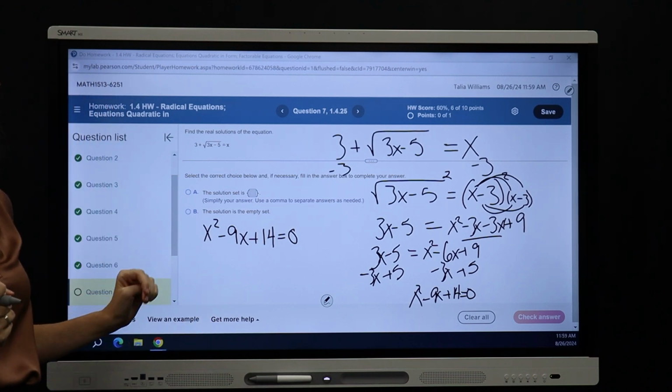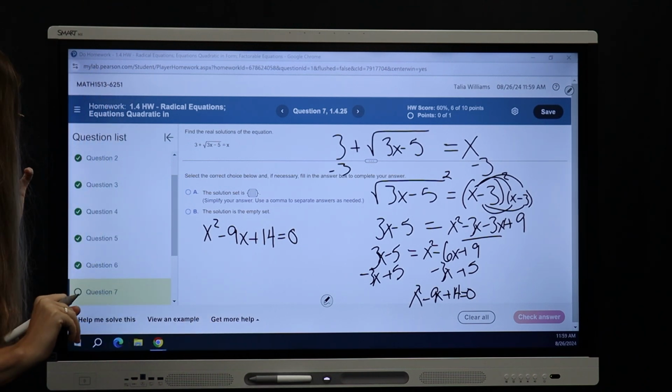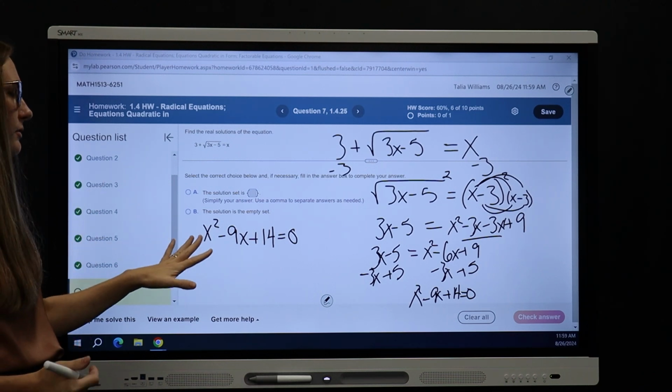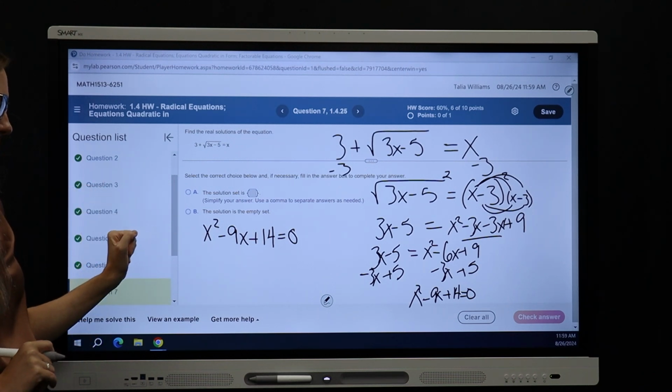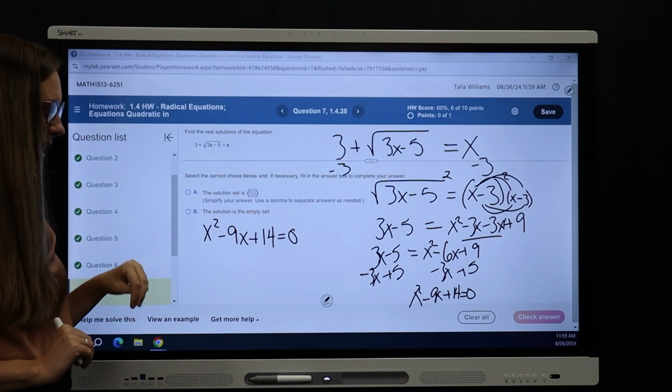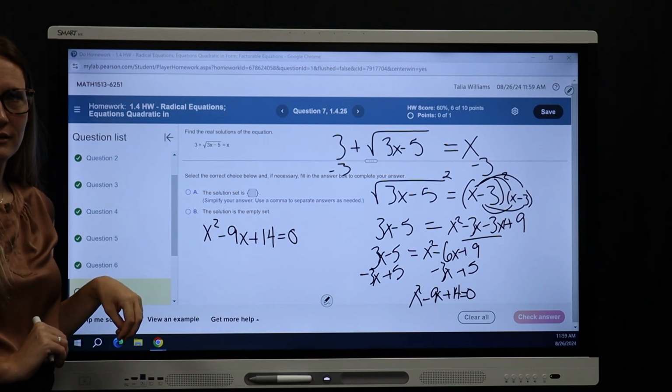So numbers that multiply, I feel like I'm going really fast. I'm going to take a breath real quick. Now that we've got it to our quadratic equation, we're going to take the numbers that multiply to get 14 and add to get 9.